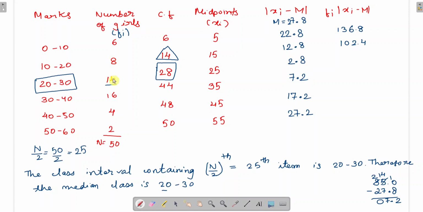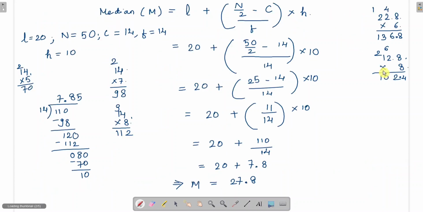Then 2.8 times 14. 4 times 8 is 32. 8 times 1 is 8 plus 3 is 11. 2 times 4 is 8. 2 times 1 is 2, so 39.2.